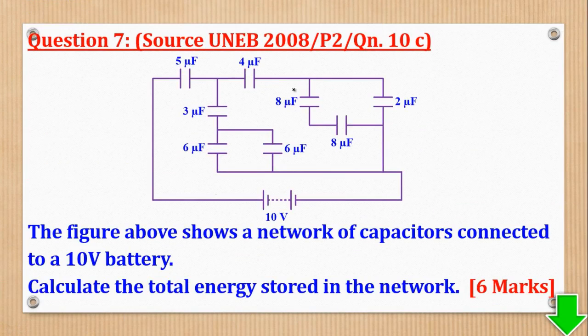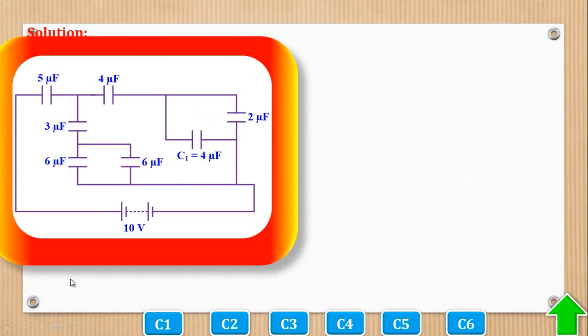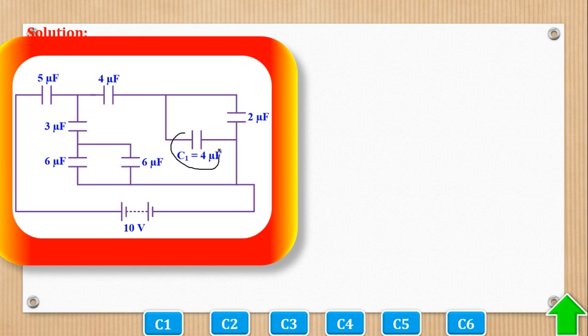So we are going to combine them into one. So series, it will be product over sum to give you 4 microfarads. So what does that mean? It means that now these which were 2 have now been reduced into 1 capacitance, which is 4 microfarad.